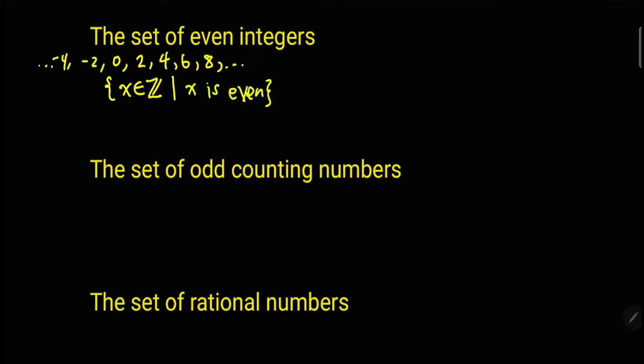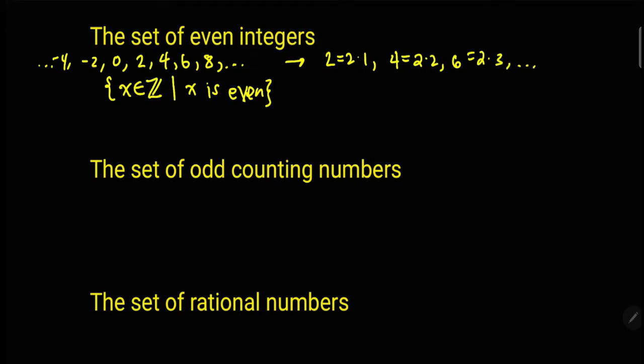Of course, mathematically speaking, we can have a formula for the even integers. Even integers actually can be written as follows. 2 is 2 times 1. 4 is actually 2 times 2. 6 is 2 times 3, and so on.